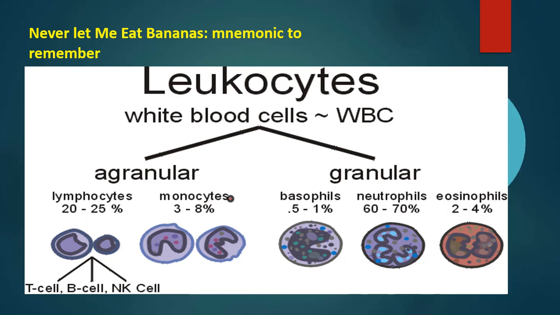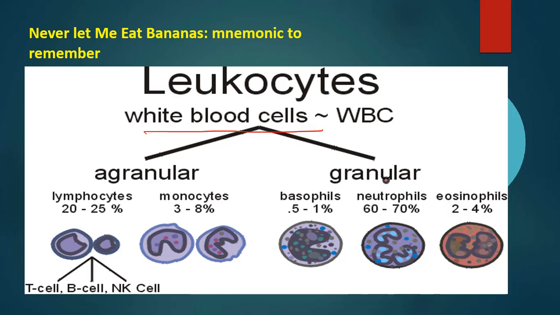You will find all these names: RBCs, WBCs, platelets, lymphocytes, monocytes, basophils, neutrophils and eosinophils. Lymphocytes, monocytes, basophils, neutrophils and eosinophils are the types of WBCs. RBCs do not have any further type. Even platelets do not have any further type.